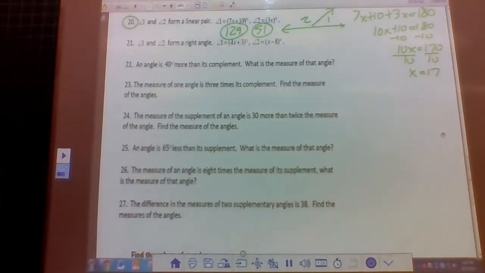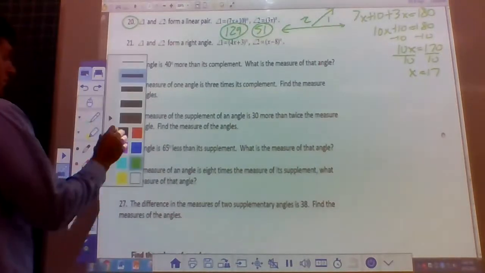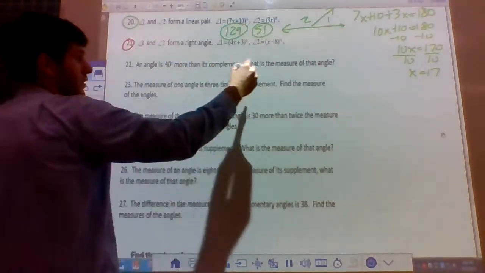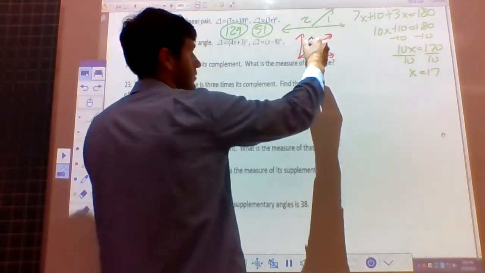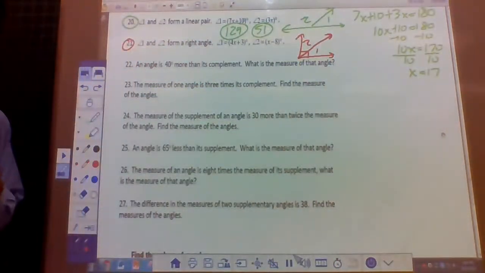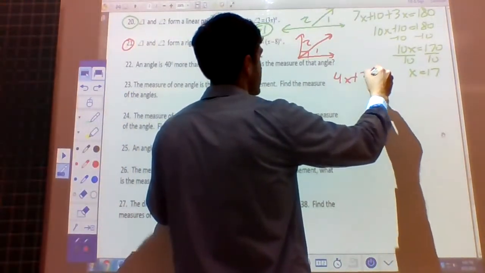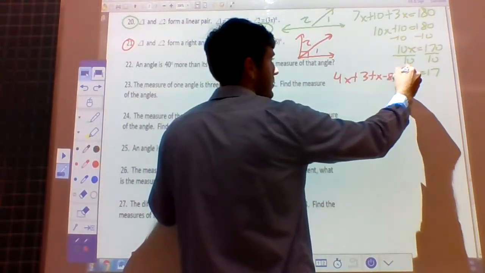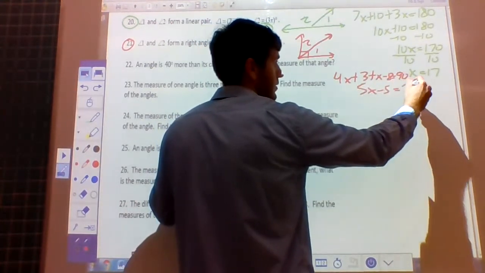Angle 1 and 2 form a right angle, so let's change colors. Angle 1 and angle 2 form a right angle, so that means they're complementary. They're going to add up to 90, so we can do 4x plus 3 plus x minus 8 equals 90. Combine like terms, that's 5x minus 5 equals 90.